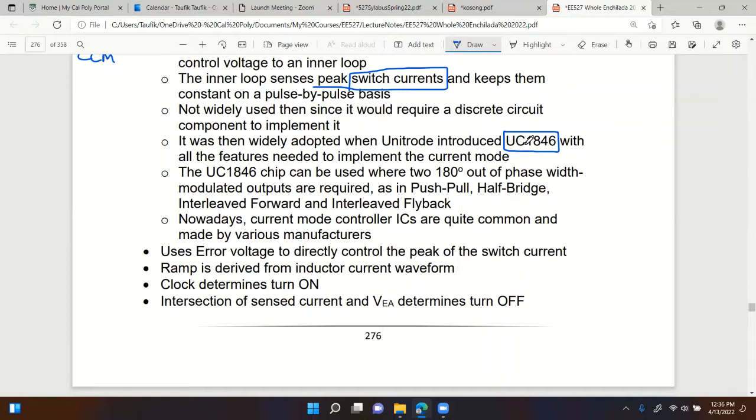And of course, nowadays there are controllers that have the same features as the UC1846 and even more. Now we have different manufacturers who make similar parts. UC1846 is obsolete right now, but nowadays they make better ones, with the same basic function. Unitrode, the company itself, got acquired by Texas Instruments.